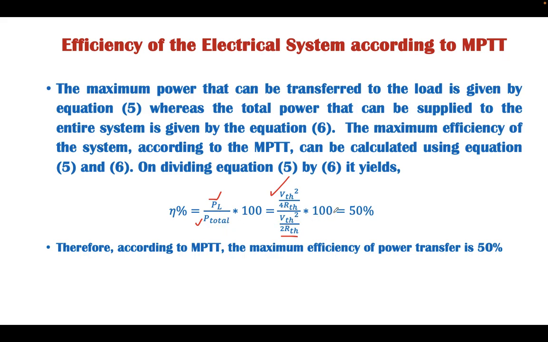Hence 50% of the power is developed across RTH and 50% across RL. According to the maximum power transfer theorem, the maximum power that can be transferred to the load when the load resistance equals the Thevenin equivalent resistance of the circuit is 50%, and hence the maximum power transfer efficiency is 50% for any network in electrical systems.